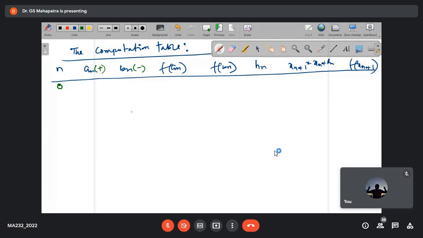Now An is positive. What is the value of this An? Go back to the earlier slide and you can answer. A0, sir. Now A0 is positive, correct? And B0 is negative. Already I have written positive and negative, An and Bn.